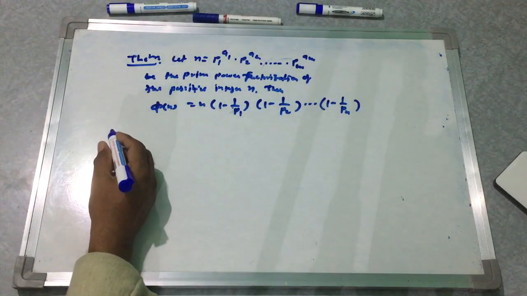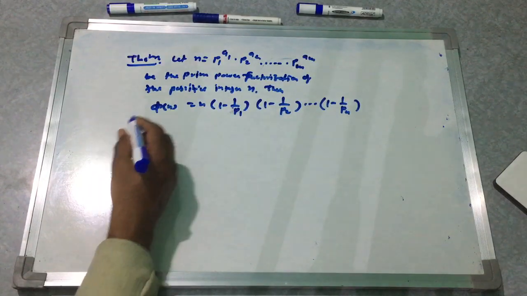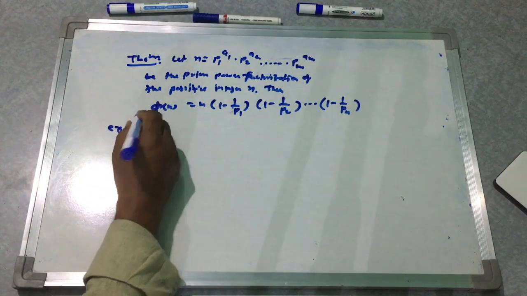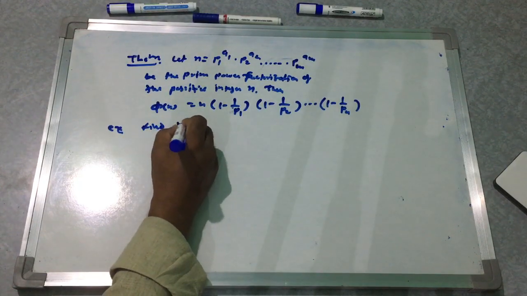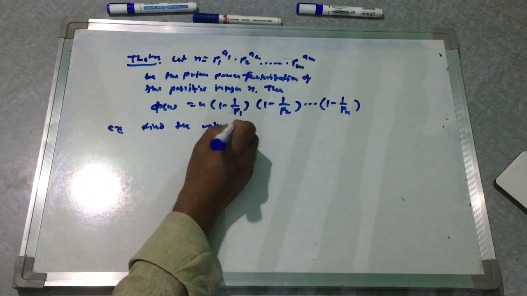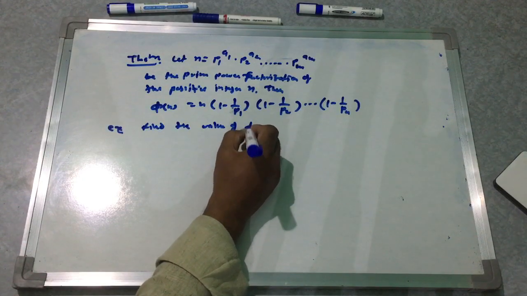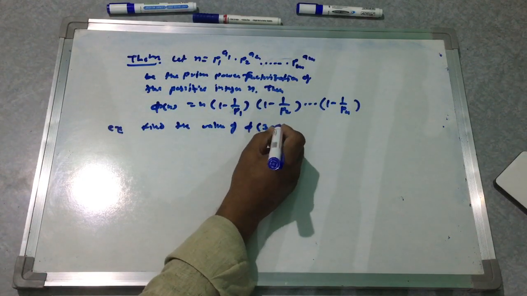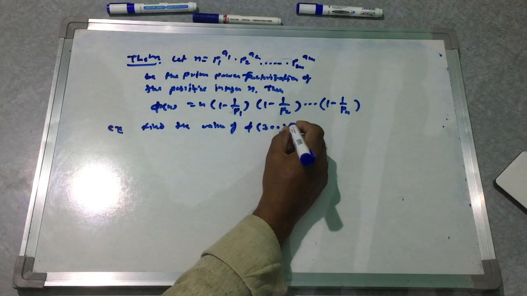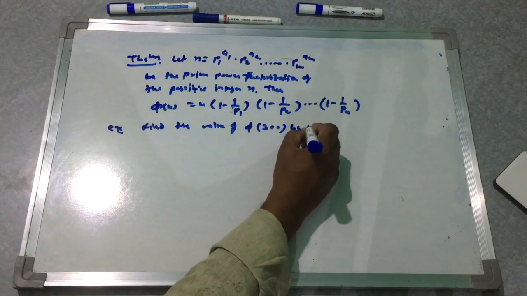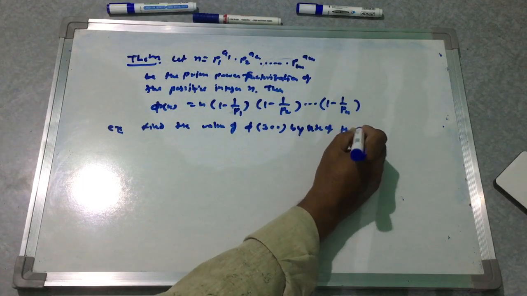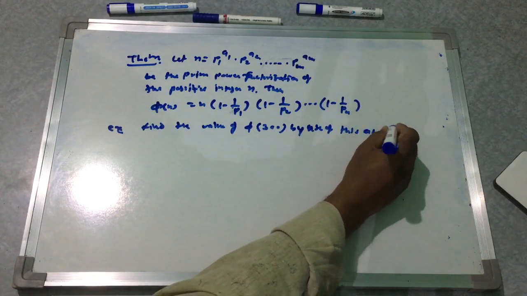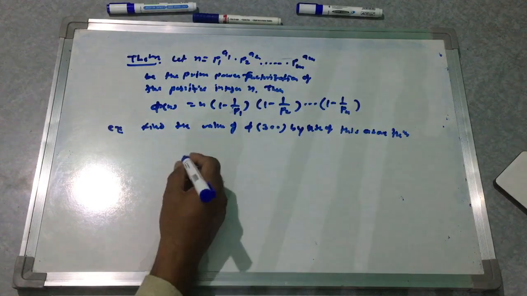So for this statement we have an example. Find the value of phi of 300 by use of the above theorem.